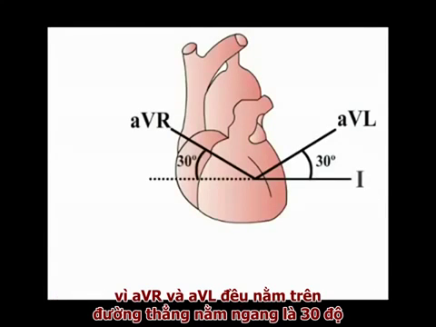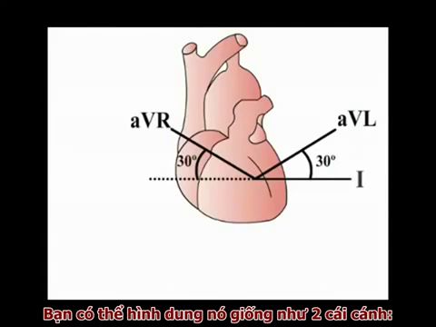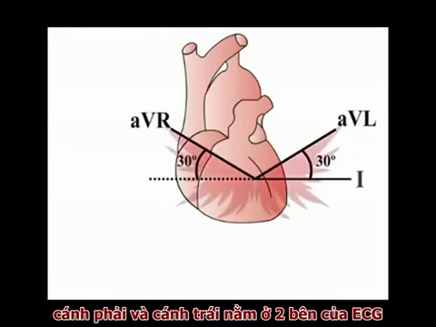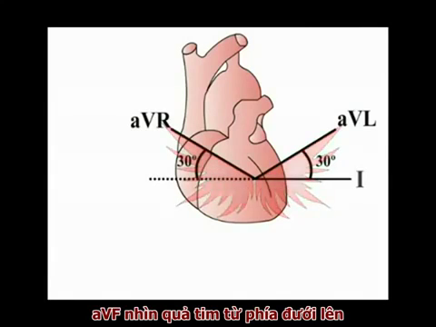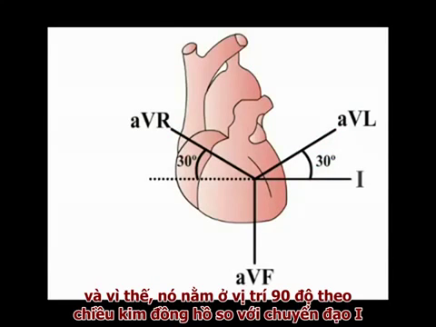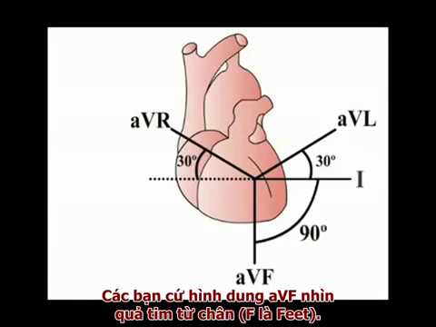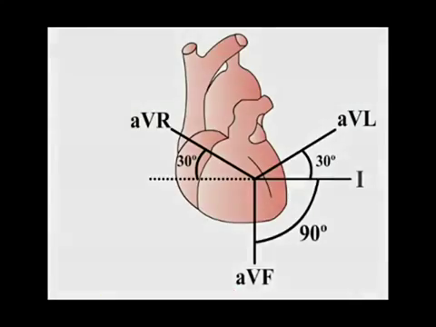As AVL and AVR are set at 30 degrees off the horizontal plane, you can think of them as the left and right wings of the ECG. AVF looks straight up at the inferior surface of the heart and is therefore at 90 degrees clockwise from lead 1. Think of AVF as looking straight up at the heart from the feet. F is for feet.